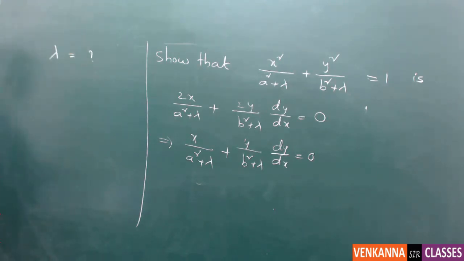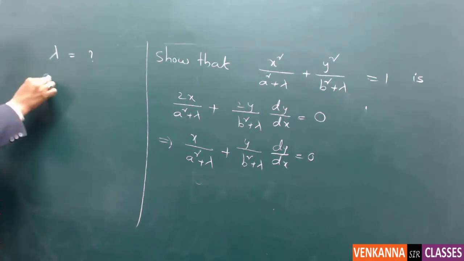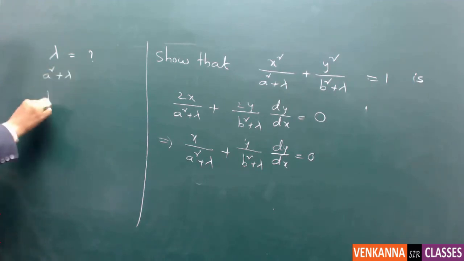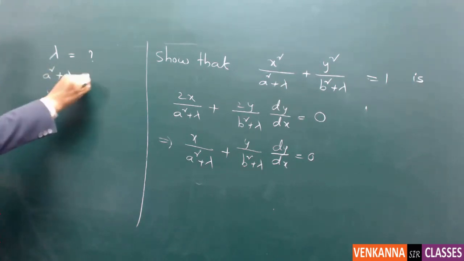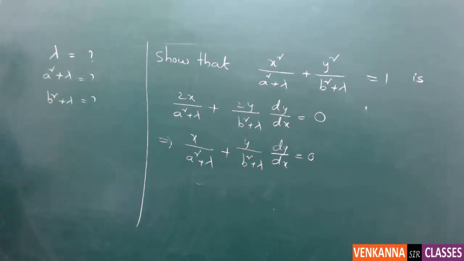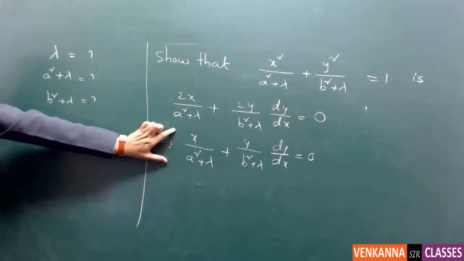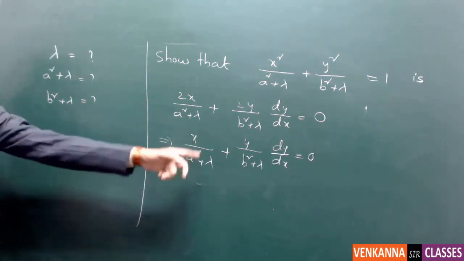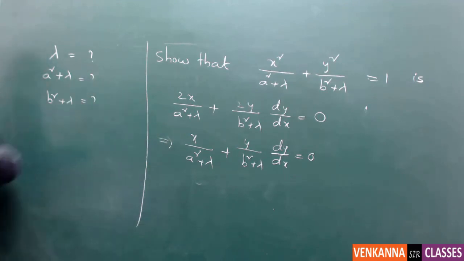Later, since the value of lambda is known to me, I am going to find a square plus lambda and b square plus lambda, and I am going to substitute here, so that total lambda will be eliminated, which is my required differential equation. Later on, I am going to replace dy by dx with minus dx by dy. Fine? Yes or no?